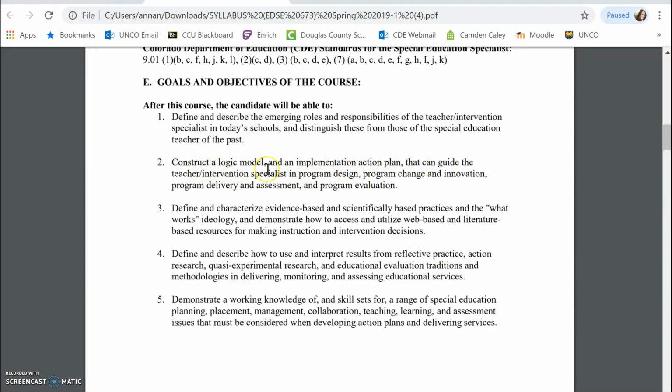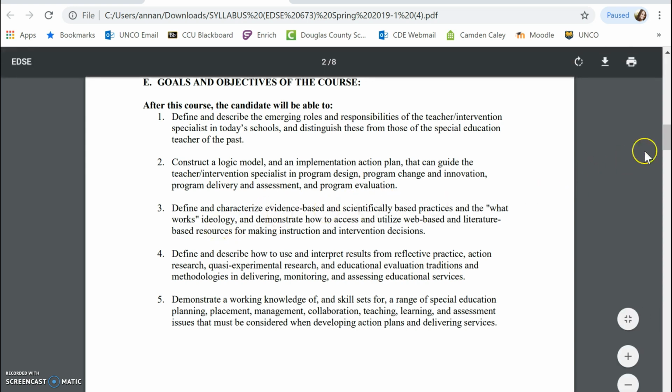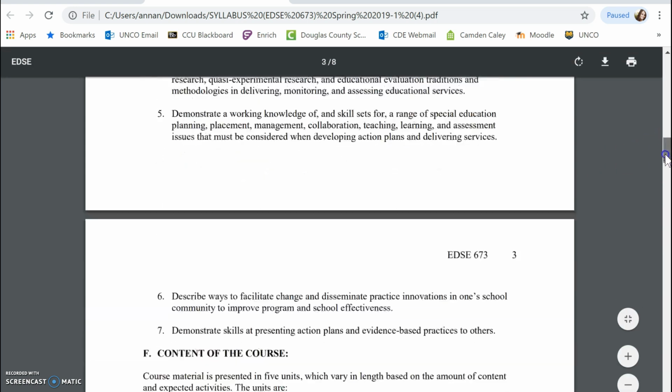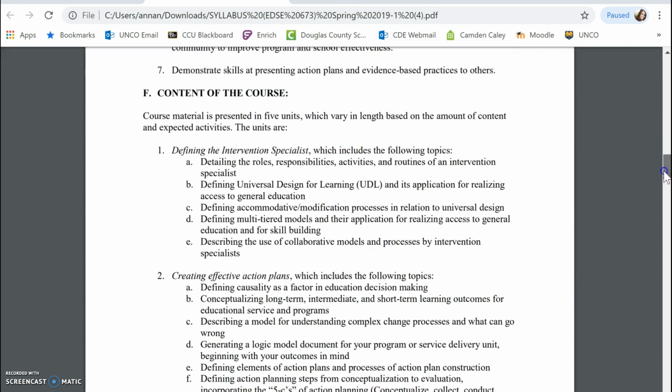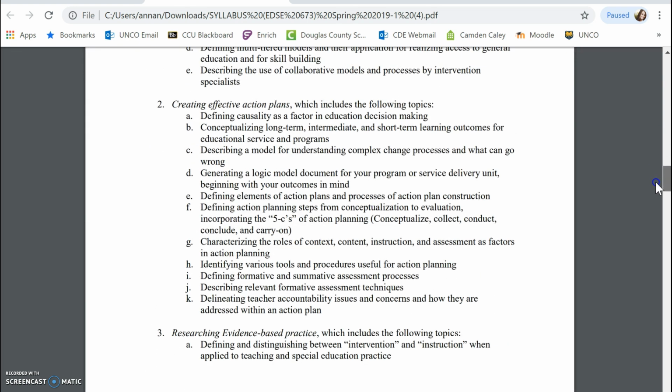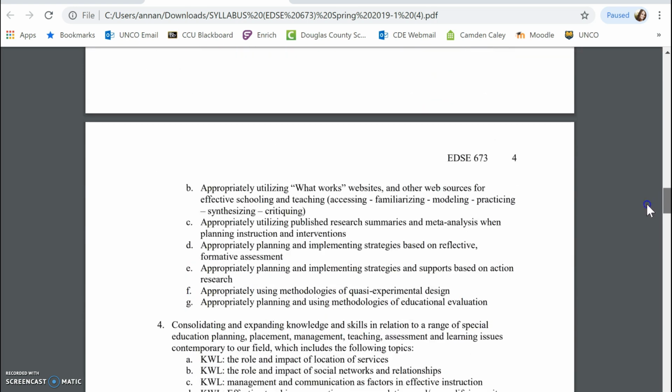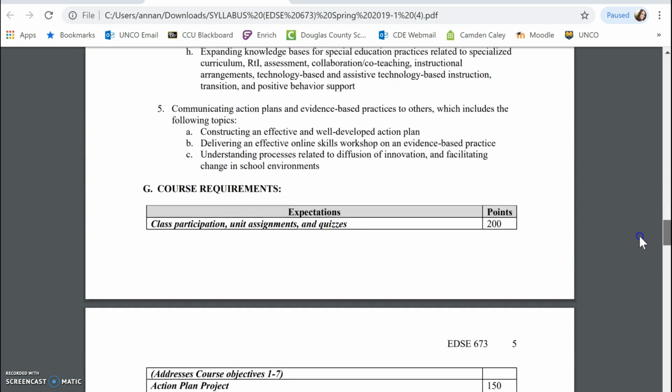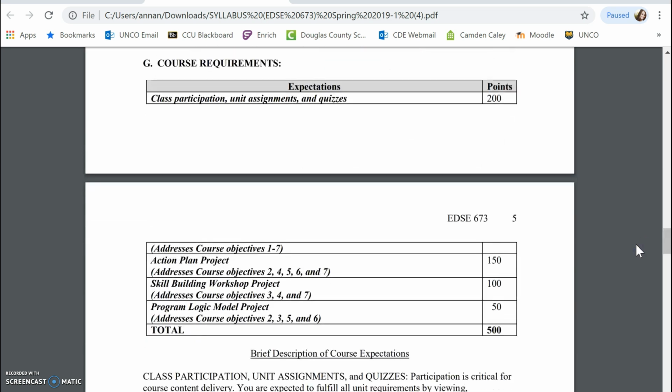Those are 2 of our 3 major assignments. And then ultimately, that idea of reflective practice, evidence-based practices, and the what works ideology. You'll have many different resources and articles that will be addressing those. The syllabus provides additional information about the content of the course and the requirements.